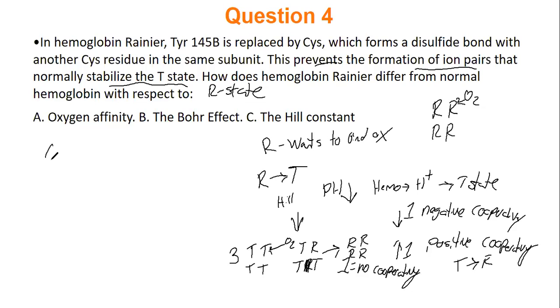So for cooperativity, you need at least two conditions. Condition one, multiple binding sites. To have cooperativity, my protein needs to have multiple sites where it can bind that ligand.